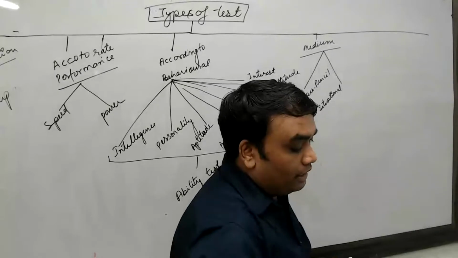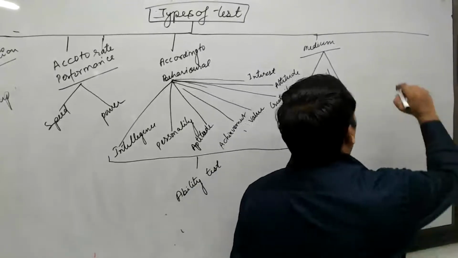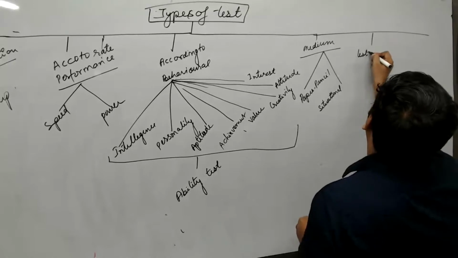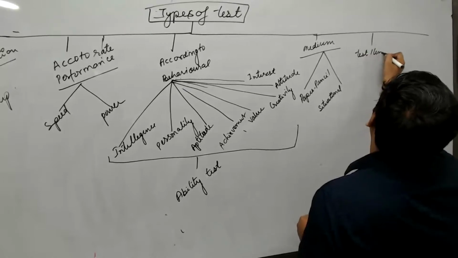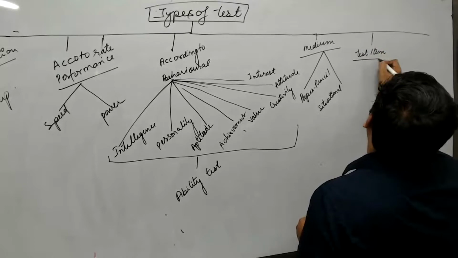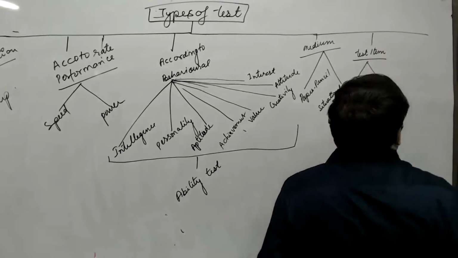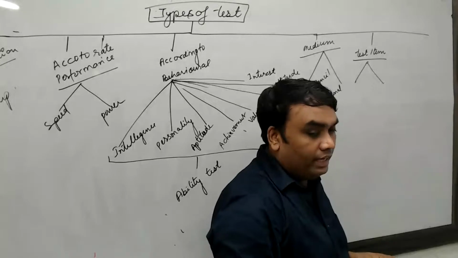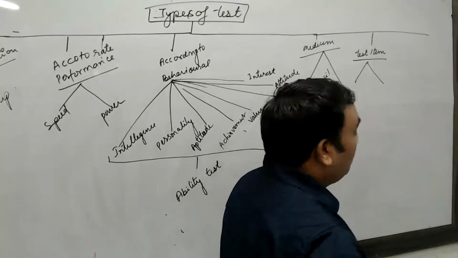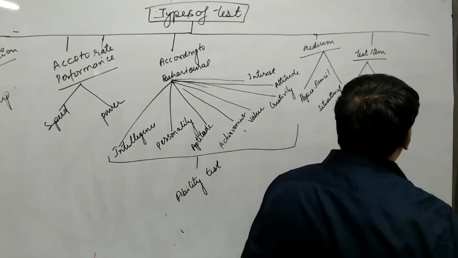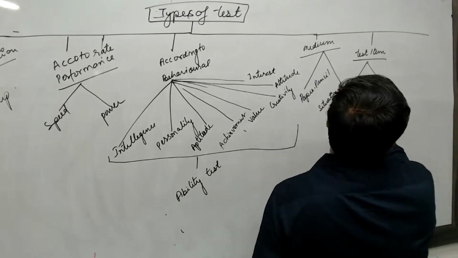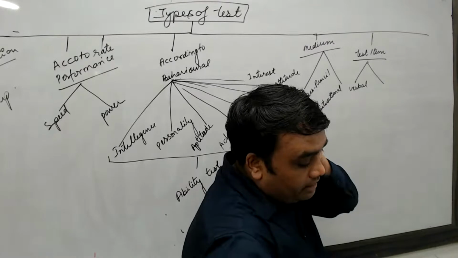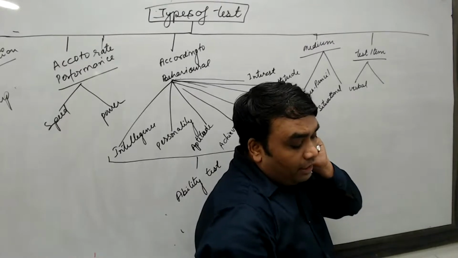So according to the nature of a test item, on the basis of test item, there is also type of test. Test items, verbal and objective.